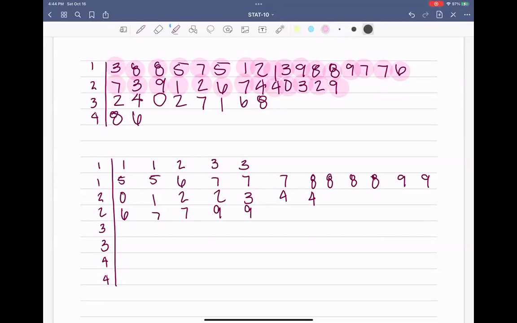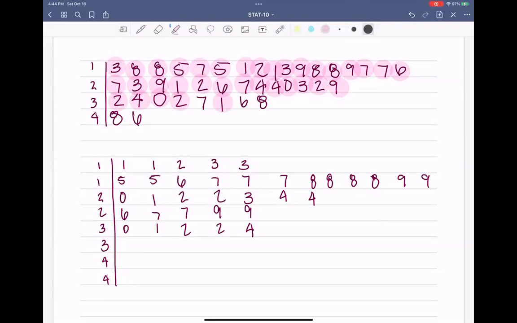Now looking at our 3s, we're going to write 0 through 4 in the first row, 5 through 9 in the second row. So we have 1 0, 1 1, 1 2 2s, no 3s, and we have 1 4. 5 through 9 is going in the second row.